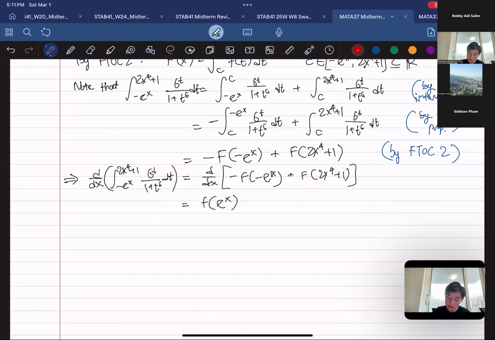What happens is the entire derivative for this is like this, and then there's a multiply by -1, right? But then that -1 gets canceled out by that thing in front. So we just have a normal positive f of e to the x. I hope that part you guys understand.